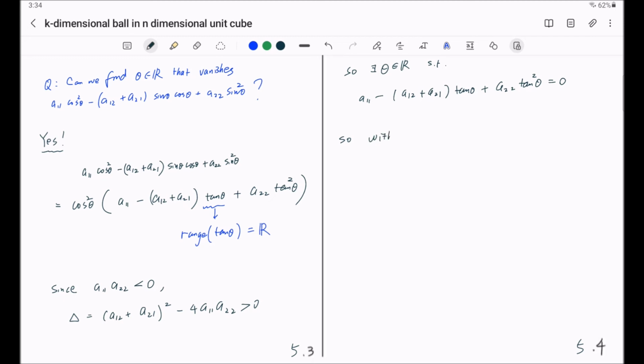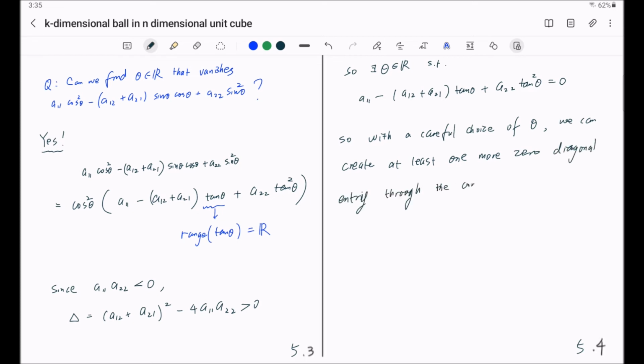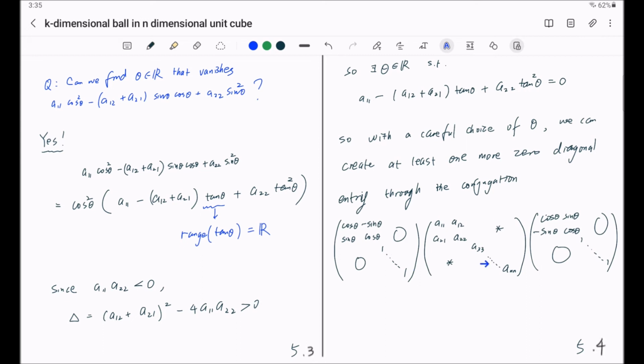So with a careful choice of theta, we can create at least one more 0 diagonal entry through the conjugation as we described above. When I say at least one more, actually I mean one more or two more.